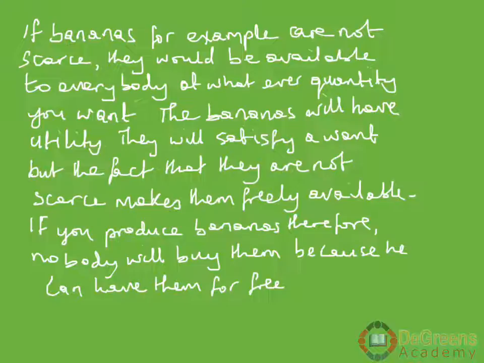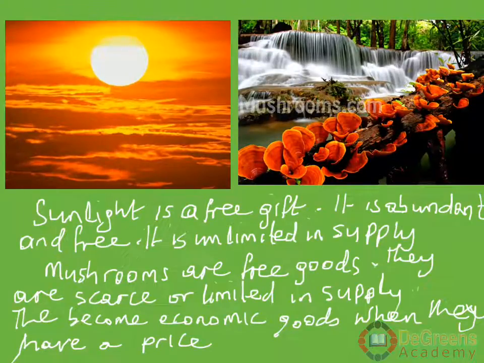So in production, in economics, nobody wants to produce bananas, because the idea behind production is that they should be consumed, and they are not consumed for free. When they are consumed, they enable the producer to continue producing. So if you produce bananas, whereas they are freely available, then nobody will buy them. That would be a terrible thing to do.